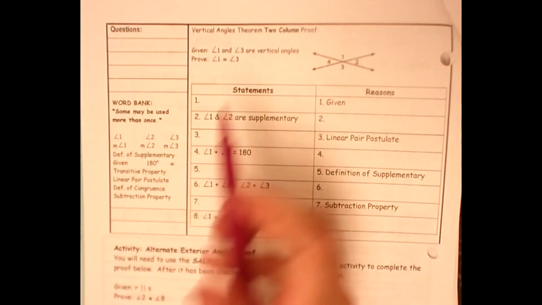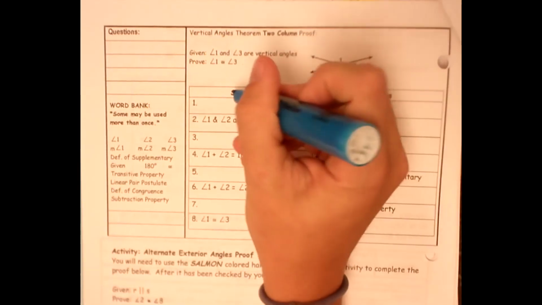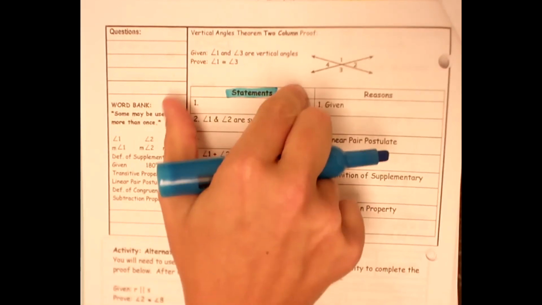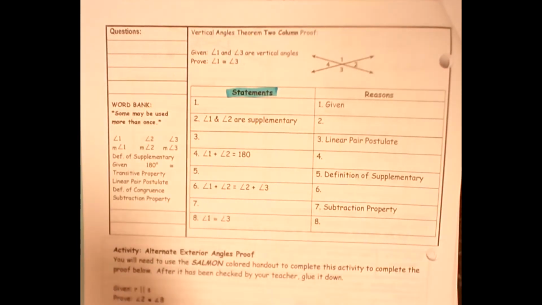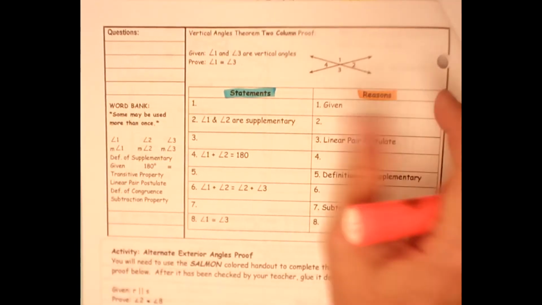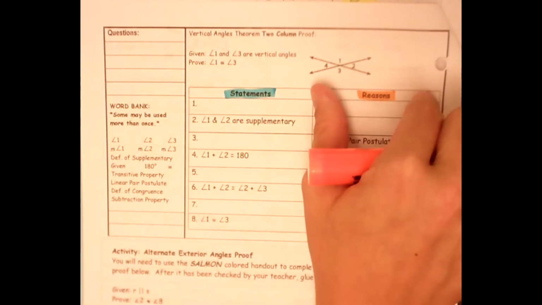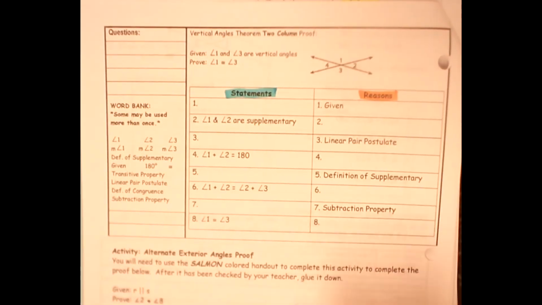If you look, our statements in a two-column proof will be on the left-hand side, and our reasons will be on the right-hand side. So we'll say one thing, and then we have to say a reason that supports it.